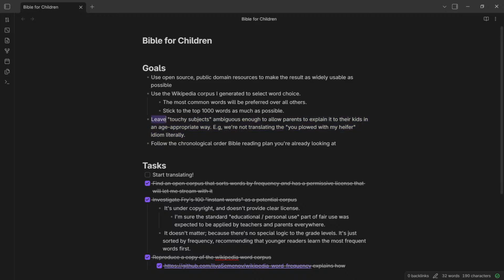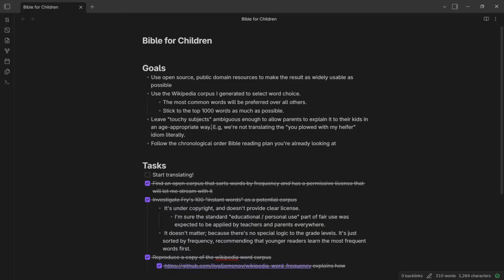Yeah, and we're not going to get there right away necessarily, but the nice thing about the Bible is it goes into detail about a lot of situations in life, some of which we may not think are appropriate for kids. So when I get to touchy subjects, I want to leave them ambiguous enough that the parents can explain it to their kids in an age-appropriate way. The idea here is, we're not telling the kids the whole truth.